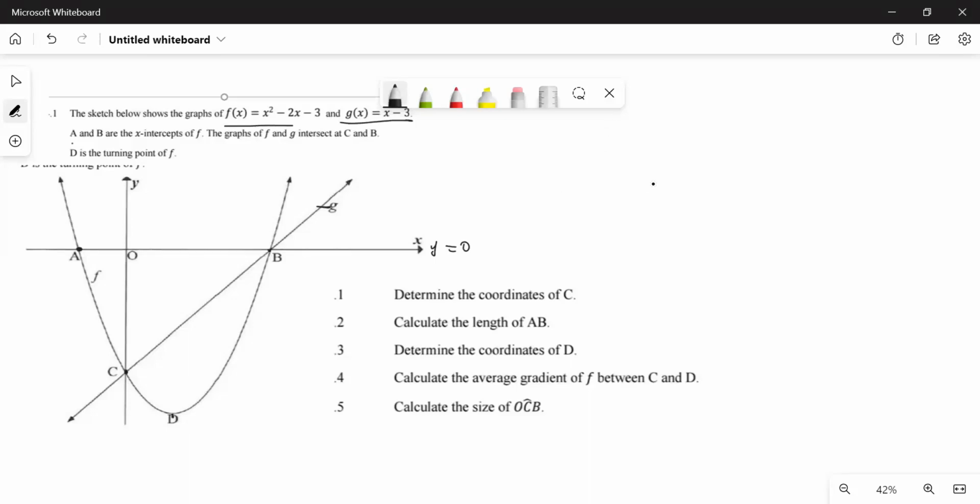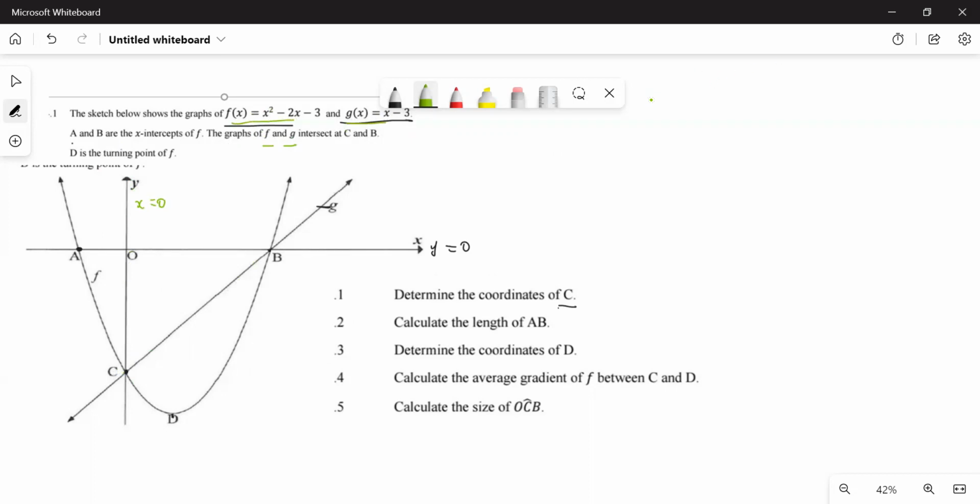Okay. So now the first thing that we want to do is to determine the coordinates of C. Let's check what C is. C is a point of intersection between f of x and g of x, but not only that, it is also intersecting with the y-axis. If it intersects with the y-axis, we know something about x: our x is going to be equal to 0. To get the coordinates of C, I can use either f of x or g of x.